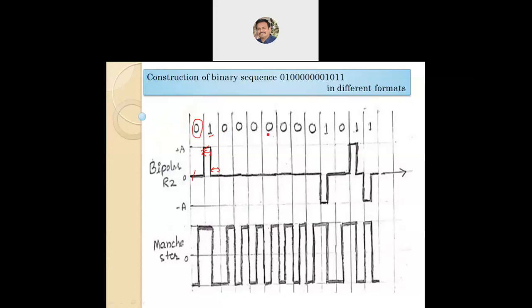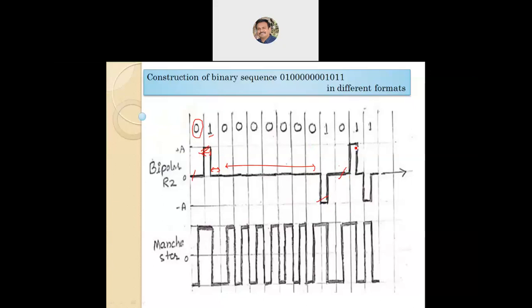Next, all zeros have amplitude 0. The next bit is 1, which takes the alternate amplitude. The previous one had plus A, so the next one is going to have minus A amplitude. The next bit is 0, its amplitude is 0.